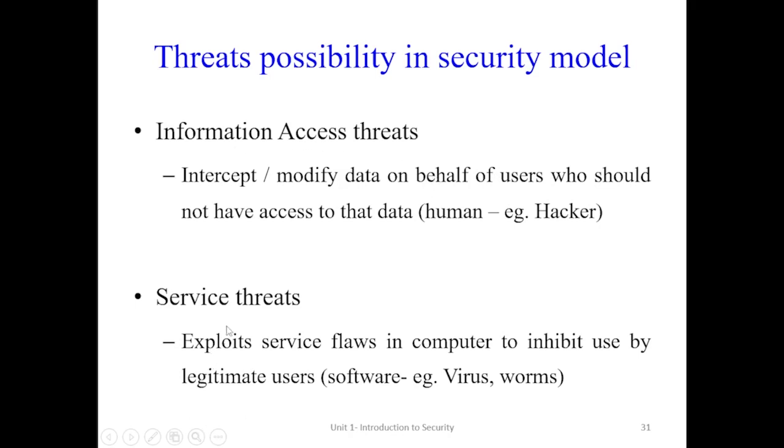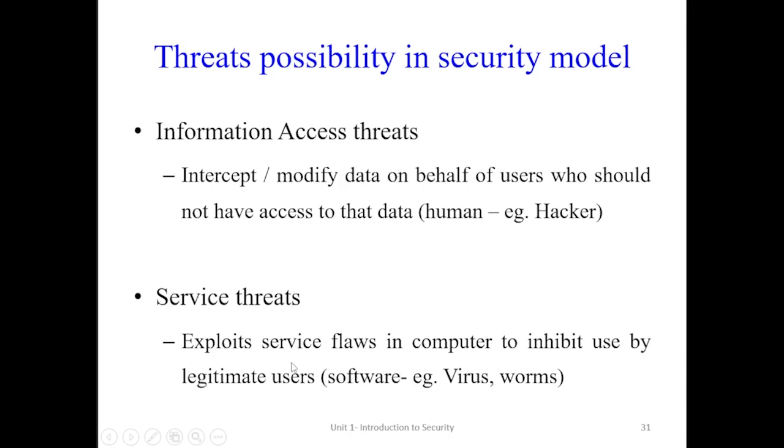And the second technique is service threats, which means that it exploits different types of services that may have flaws in a computer, and that may be inhibited by the legitimate users. For example, if an authorized user tries to install one application in a particular resource, and the application contains a virus or worms, it will disturb the system.